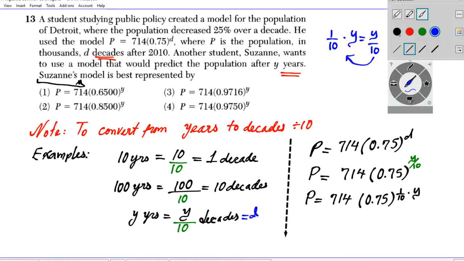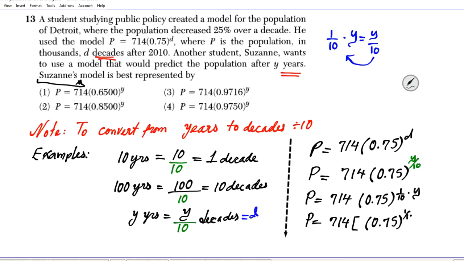Now this enables me to use the properties of exponents, the reversal of the power of a power. So what you will have here is 714 times, on the inside, 0.75 raised to the 1/10 power, and then that entire thing raised to the y power. If you have a power raised to a power, you multiply the powers, so I'm just reversing that. Now let's simplify 0.75 raised to the 1/10 power.